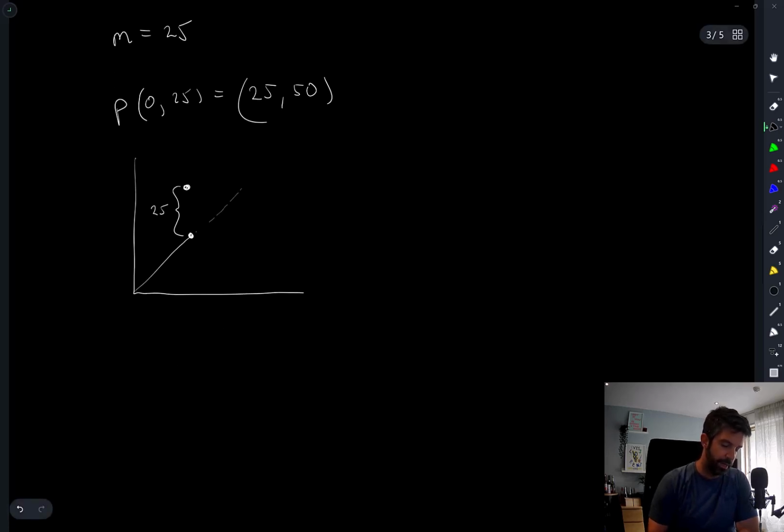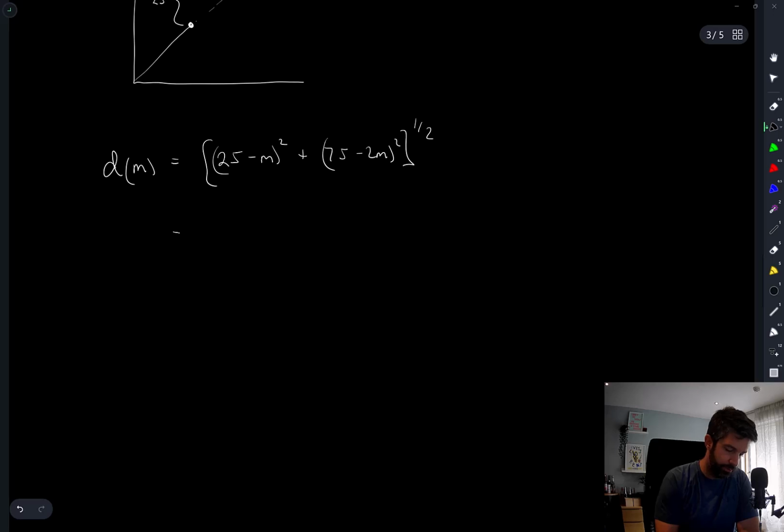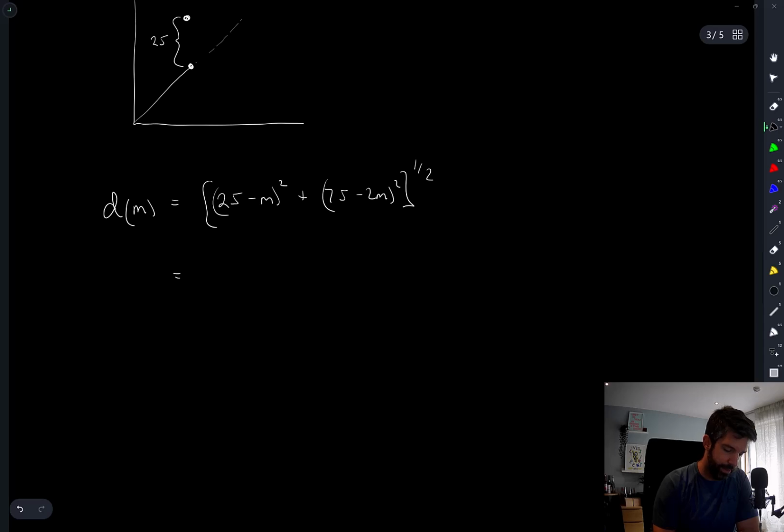Maybe what I can do here is write the function d as a function of m. So this is the square root of (25 minus m) squared plus (75 minus 2m) squared. That's the distance between the point of the particle and our target. And if I expand this, is it worth expanding this?